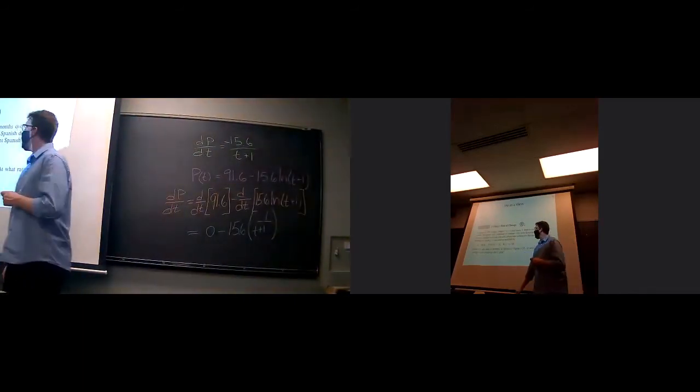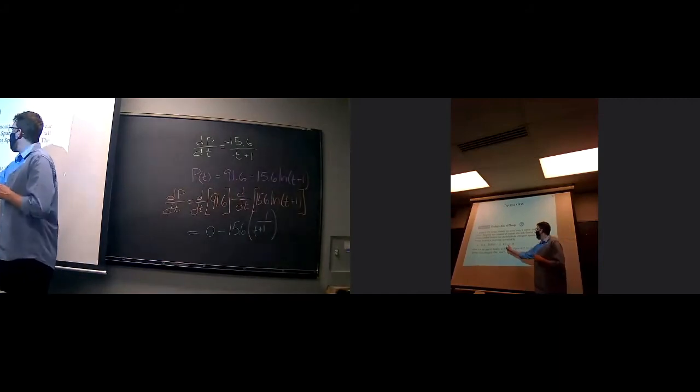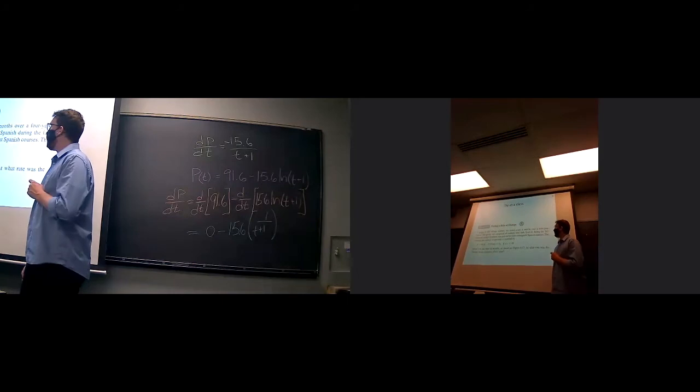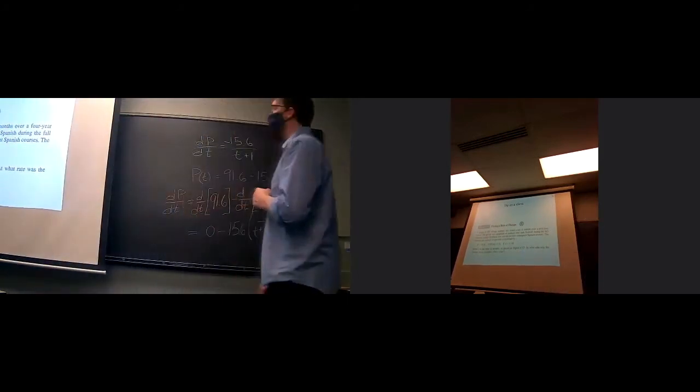Now from here, since we're asked to solve at a particular time, at 1 year, and we know that time is measured in months, we want to plug in 12 for t and find out what the derivative comes out to be, right?